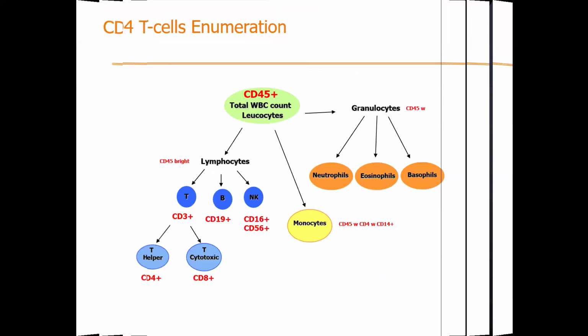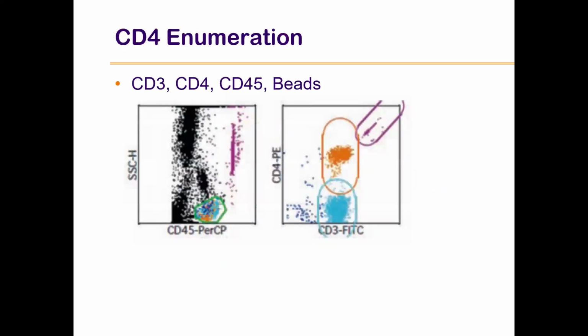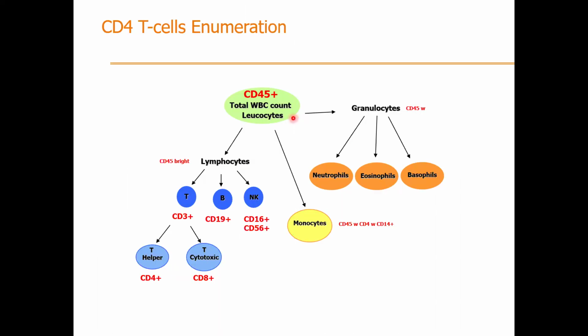Now, applications in microbiology. Okay, first we'll go to the immunology part. You can do T cell enumeration, meaning you can count the T cells. Before this, I was talking about relative fluorescence intensity, a relative count or a relative size.